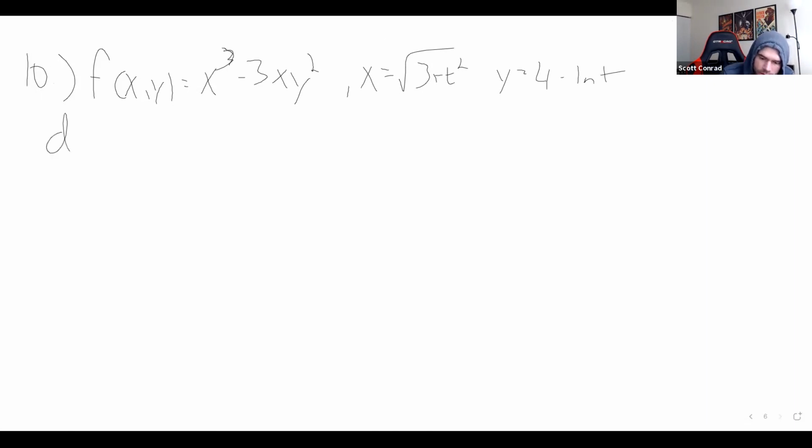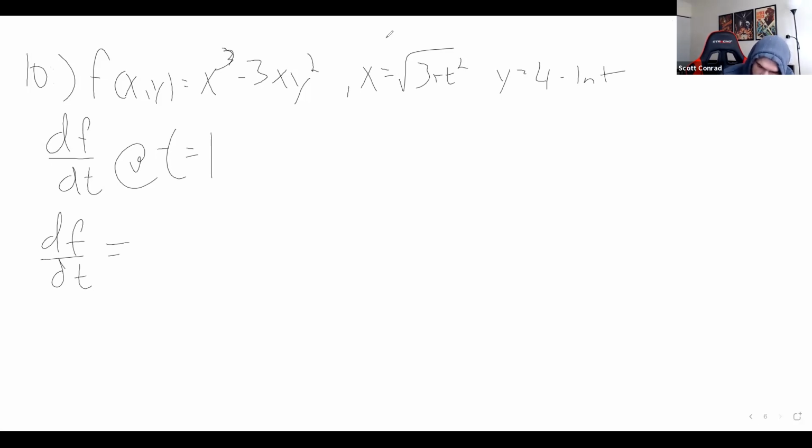So we want df dt when t is equal to 1. Oops, not a partial, because it's just a function of t.